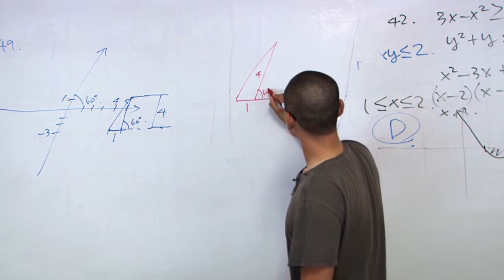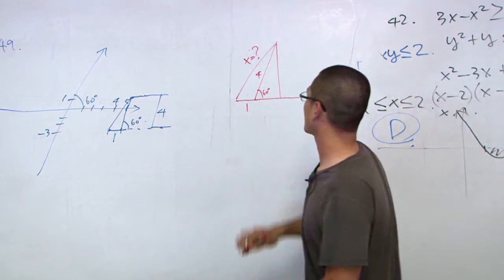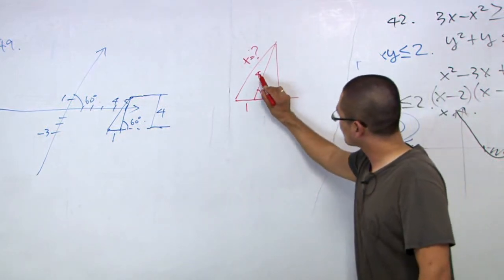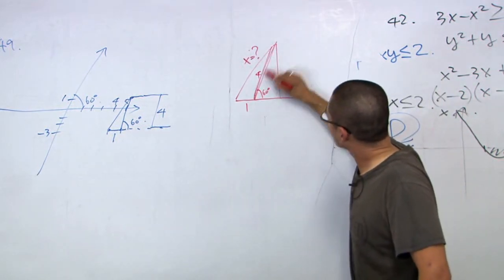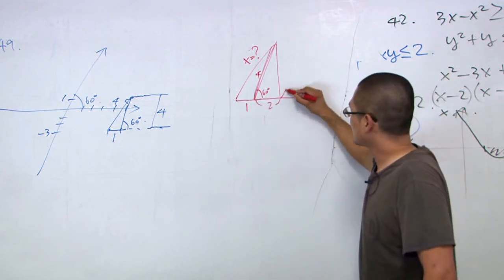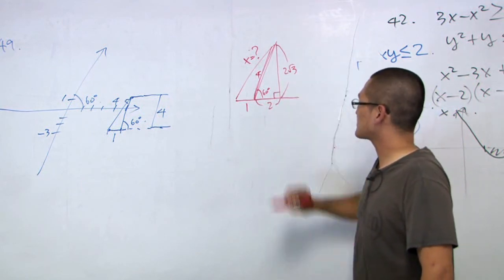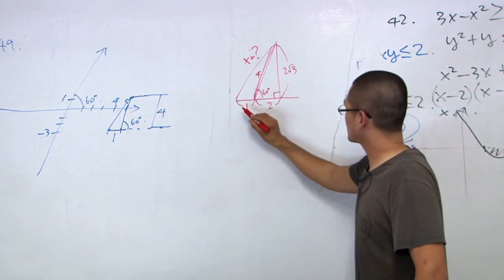And this is 60 degrees. I am looking for this thing right here. What is this length? Okay, if that is 4 right here, with 60 degrees, this must be 2. That's good. This must be 2 radical 3. Hey, we're almost done. This is the Pythagorean theorem. Here the total is 3.